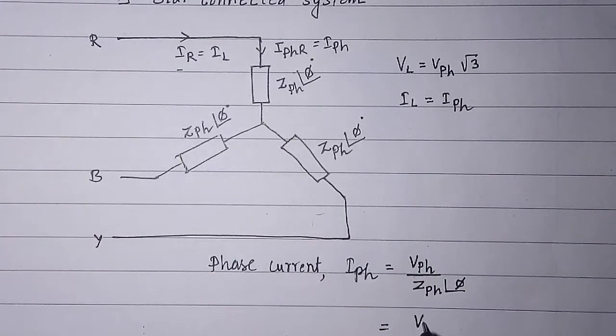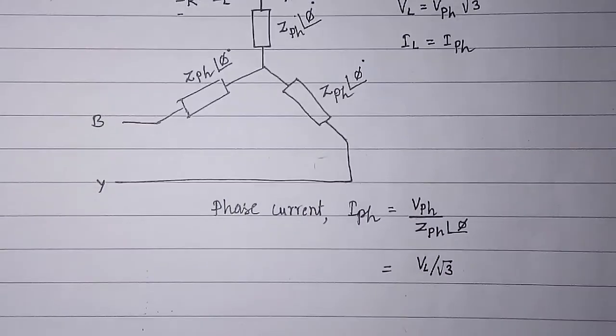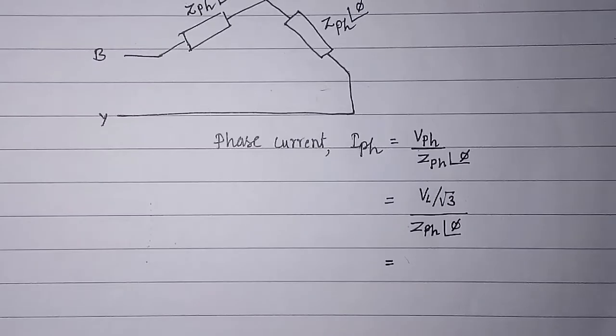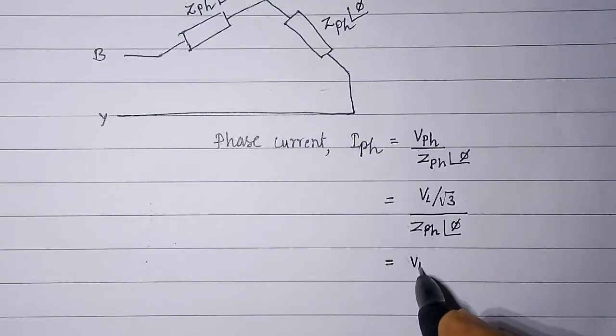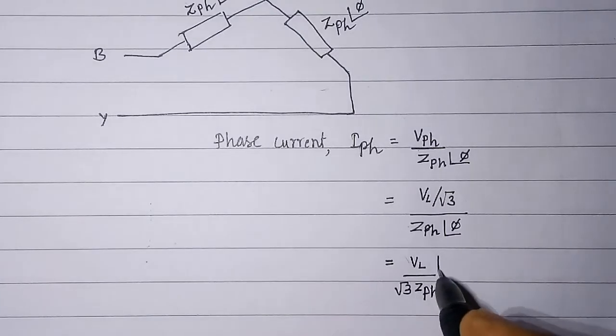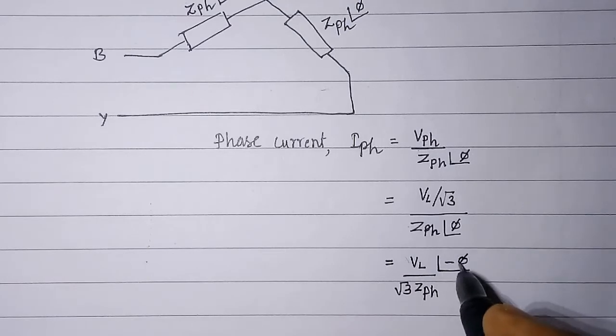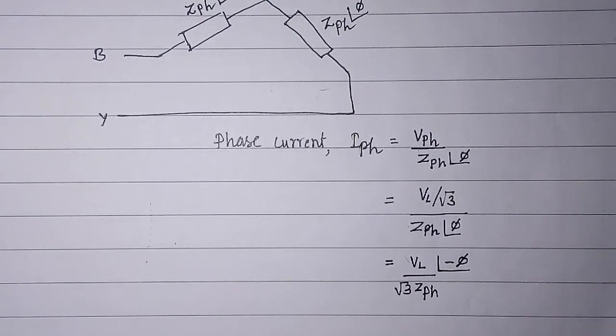So I can write VL by root 3 whole divided by ZPH at an angle of phi. So when we simplify it, we will be getting VL by root 3 times ZPH at an angle of minus phi.